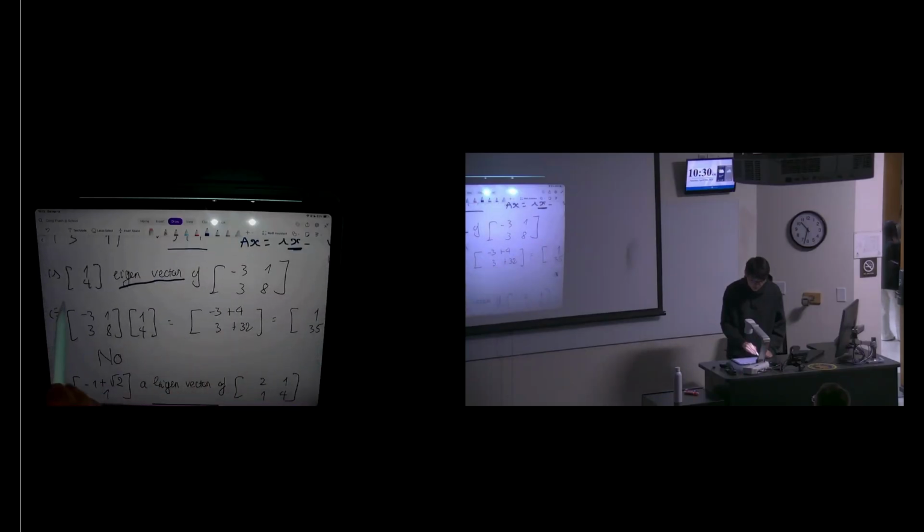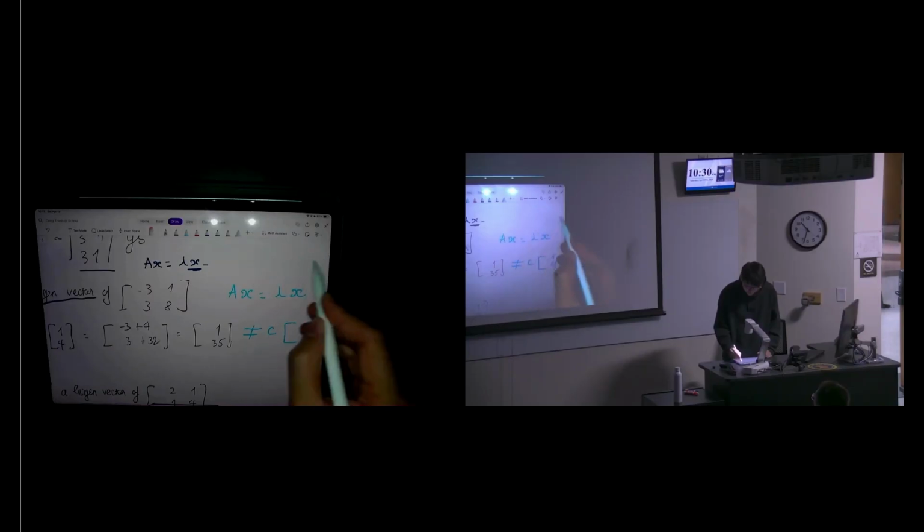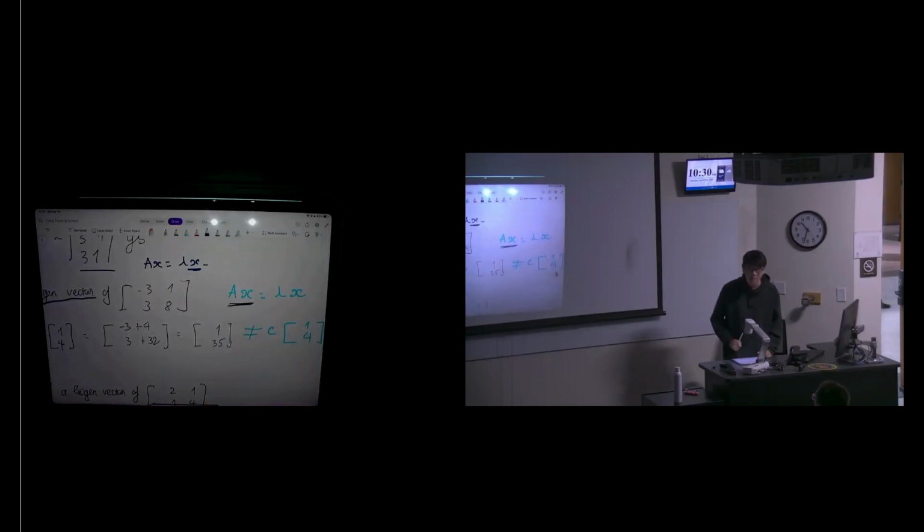If I want to check if the vector 1, 4 is an eigenvector, let me see. Well, okay, this question didn't give an eigenvalue, my bad. We want to check if this 1, 4 is an eigenvector of this matrix A, so I'll have to do the multiplication. We multiply A by x to check if our x has a scalar value back to it. This is my A, and these are the vectors I want to check.